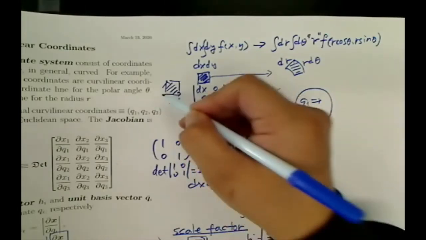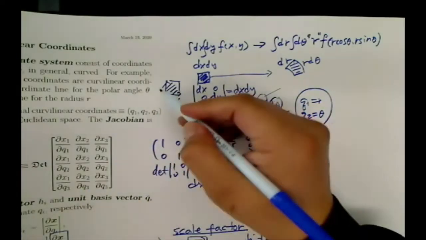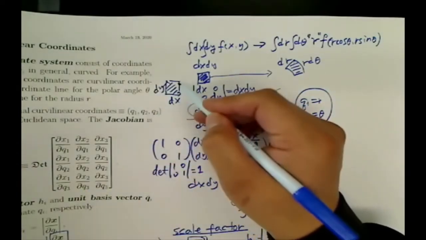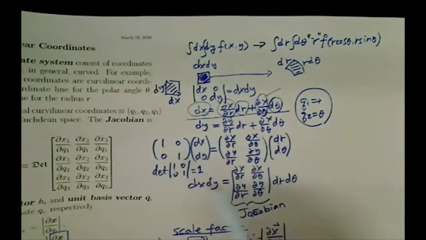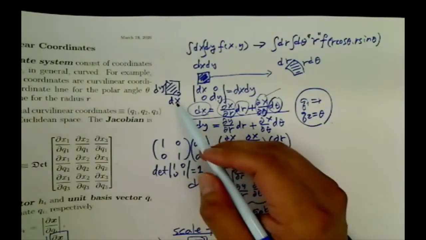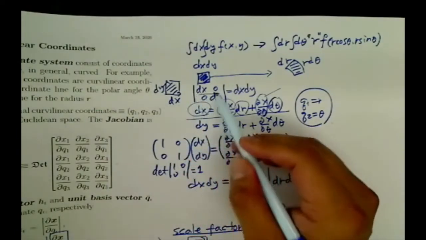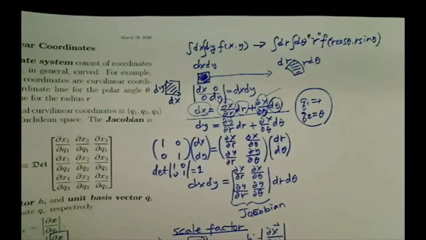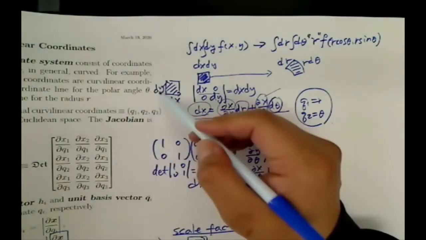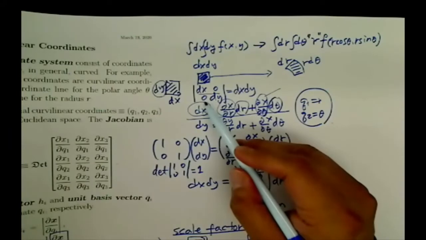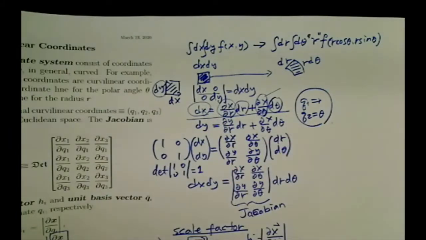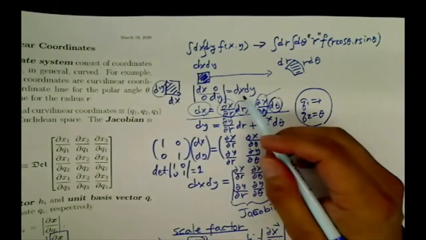In 2 dimensions it should be an area, and in 3 dimensions it should be a volume. One vector can be written with components dx and 0, and the other vector has components 0 and dy. The determinant is simply dx times dy.